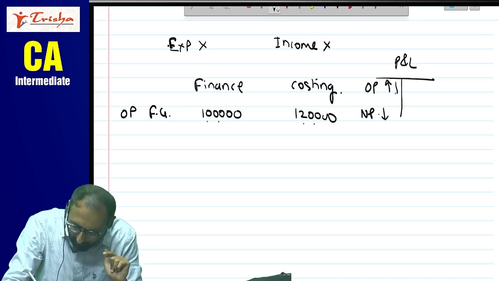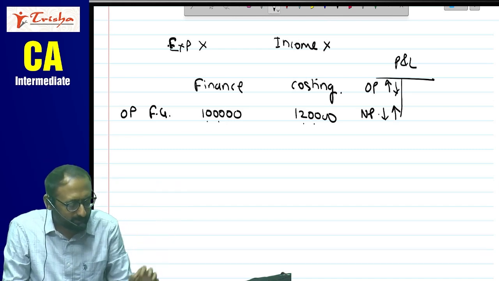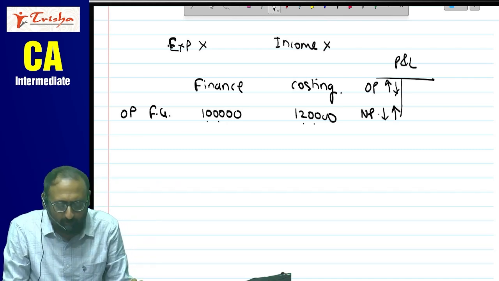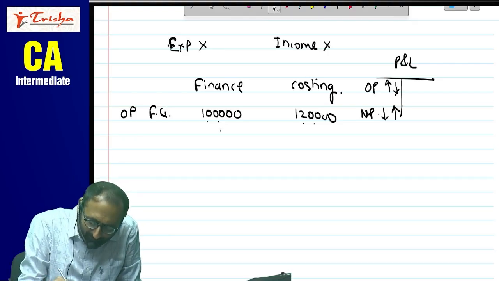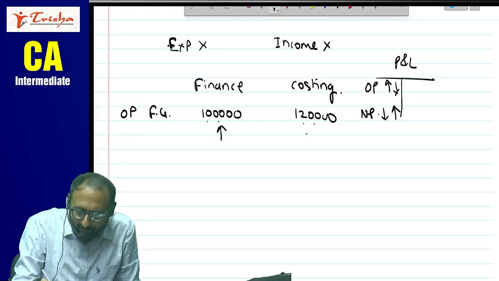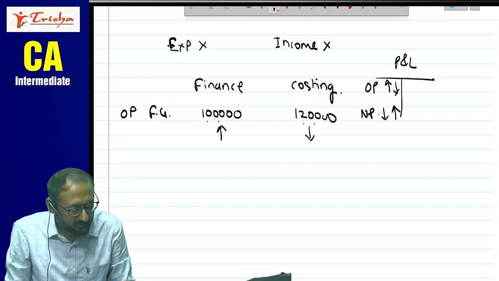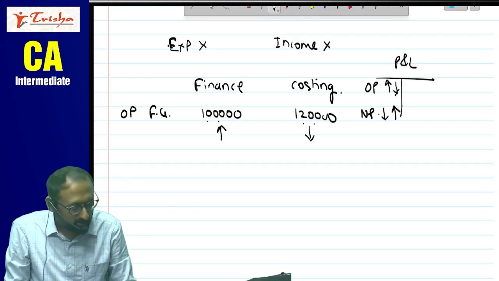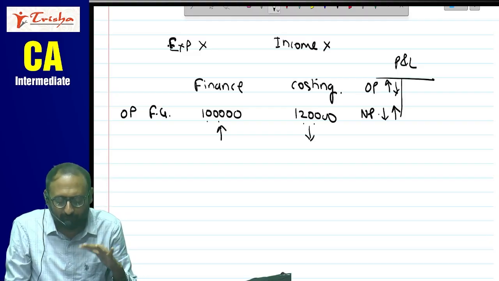If opening stock value is less, net profit will be more. Now quickly tell me here, whose profit will be more and whose profit will be less? Finance profit will be more and costing profit will be less. Is it clear, guys? Some online students also answered, finance profit is more and costing profit is less.